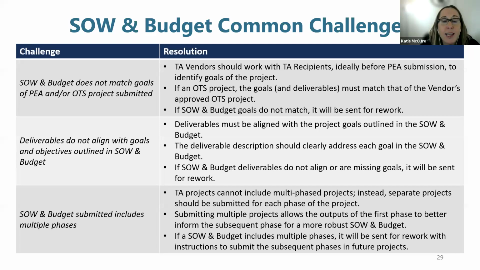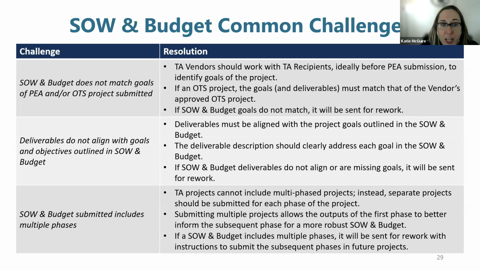Another one is that the SOW is submitted and the project includes multiple phases. TA projects cannot include multiple phased aspects of it. Instead, they should be separated out into separate projects for each phase. Submitting multiple projects is allowed.